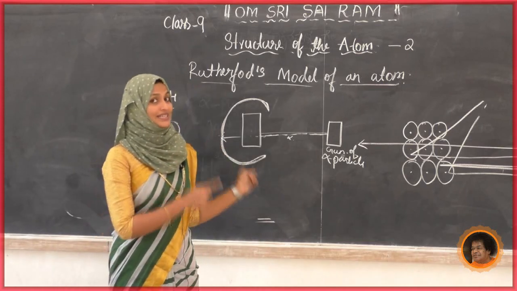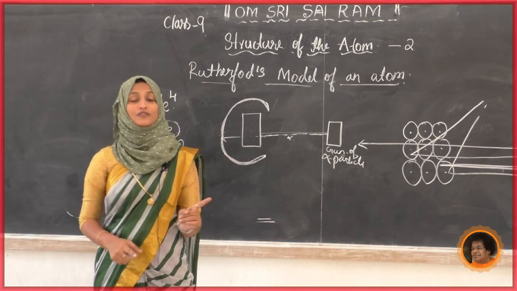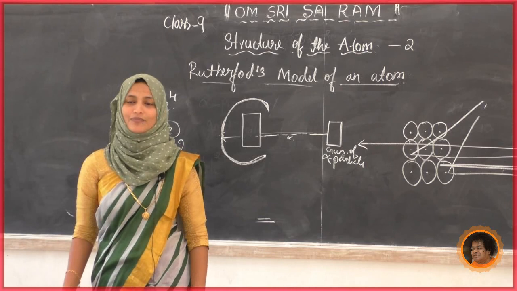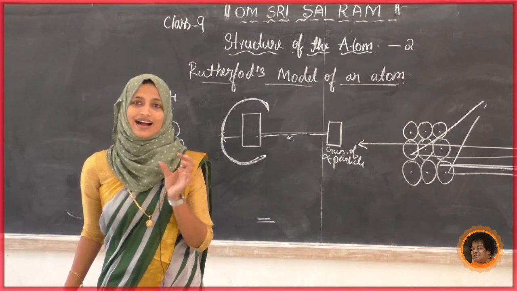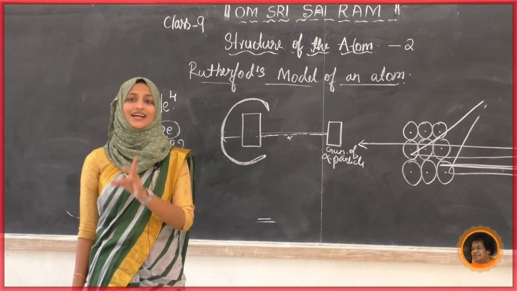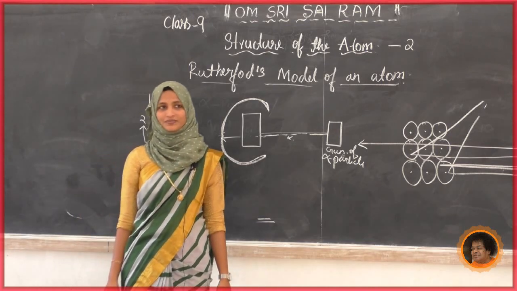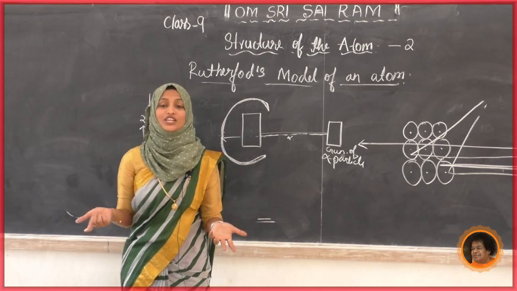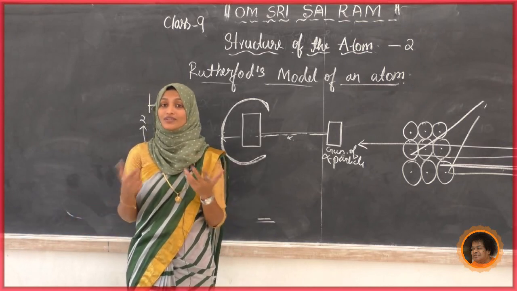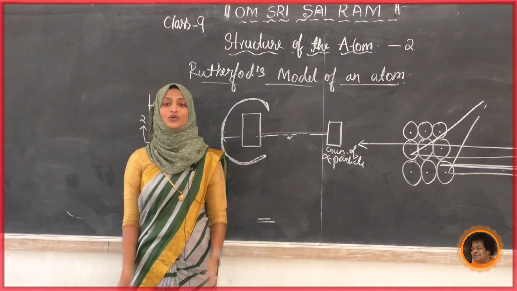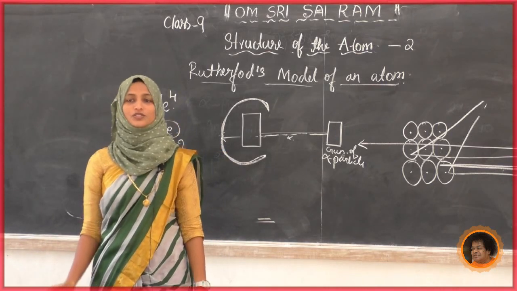This experiment is also called Rutherford's alpha particle scattering experiment. In the exam they will ask you to draw and explain the Rutherford alpha particle scattering experiment. Now we know the observations he got and how he concluded from them. Next we will see the features of Rutherford's model.